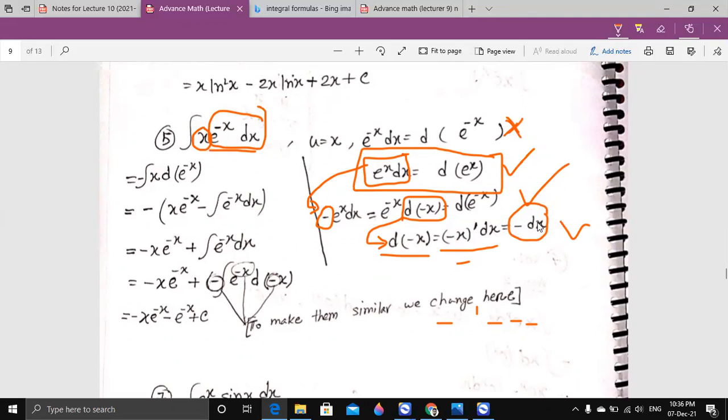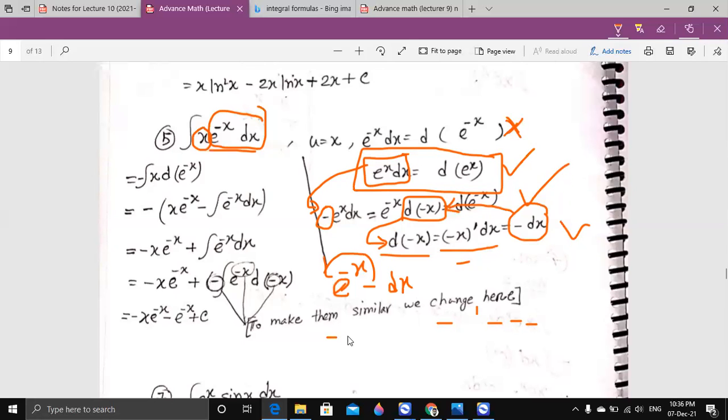So ultimately this is minus dx. Now we can just substitute minus dx here. So we get e to the power minus x, then minus dx. And now take this minus to the left.